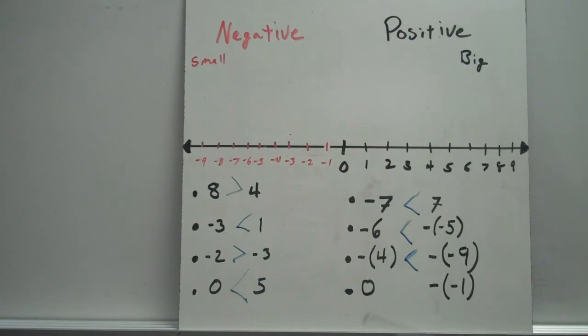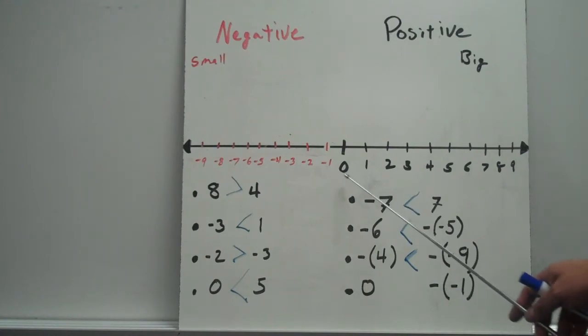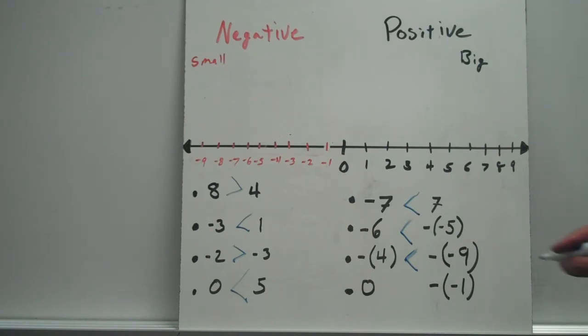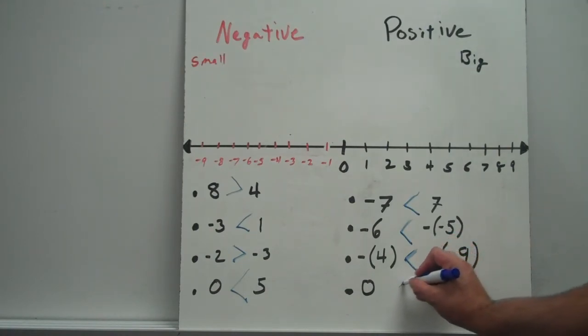And then the last example on this is comparing 0 with the opposite of -1. Well, the opposite of -1 is 1, and we're comparing that to 0. Well, 1 is just a little bit further on the number line to the right than 0. So it is bigger than 0.